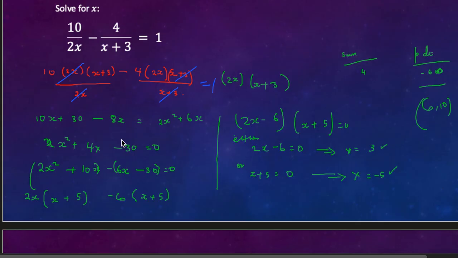Okay, I'm checking. So this is 4x minus 30. Okay, I think I saw something around the factors. Let's give this a second round. Just a second, some error, sorry.